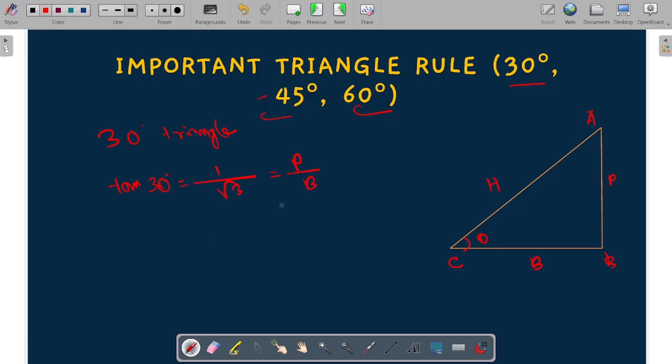perpendicular by base, perpendicular अगर 1 दिया है और base अगर √3 दिया है तो height कैसे निकलेंगे? According to Pythagoras formula, height squared equals base squared plus perpendicular squared, which is 3 plus 1, root 4 equals 2.